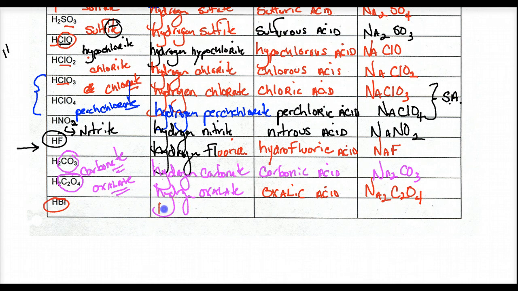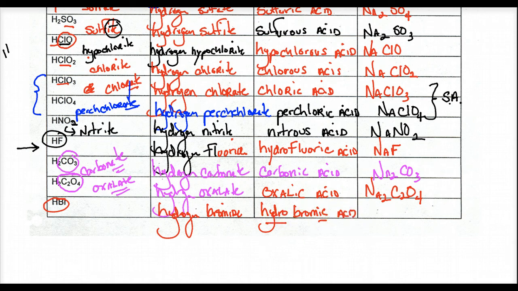So this is hydrogen bromide. And this is what? Hydro, because it's binary, hydro, bromic, ic. Hydro and ic surround the bromide acid.